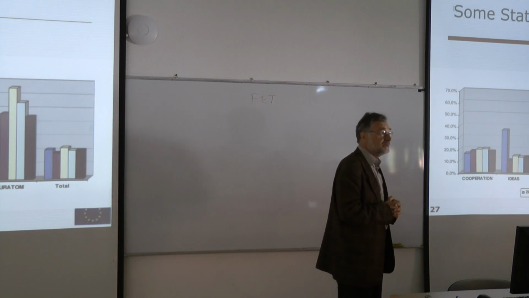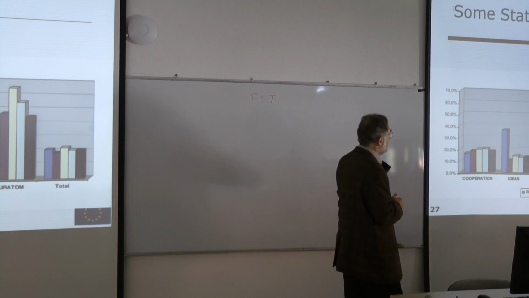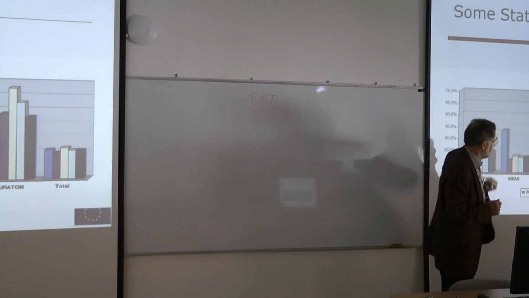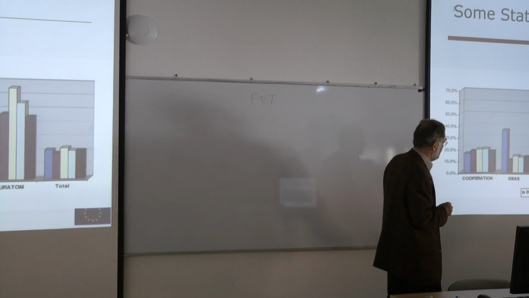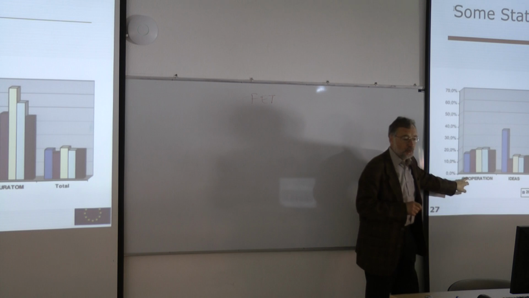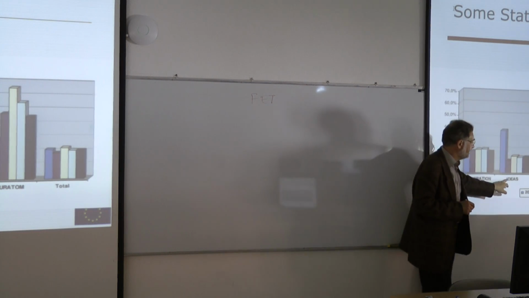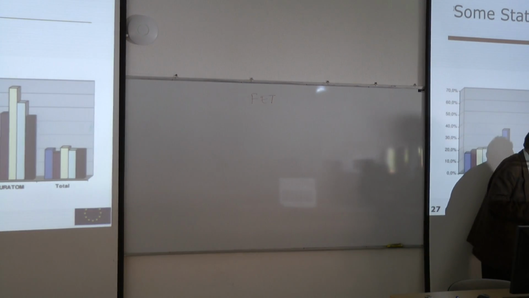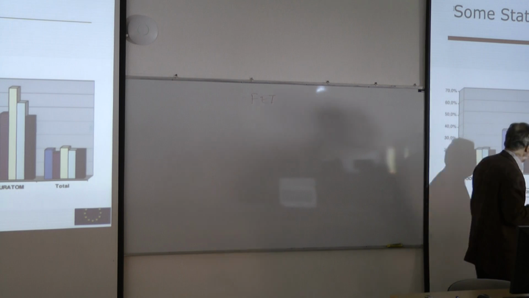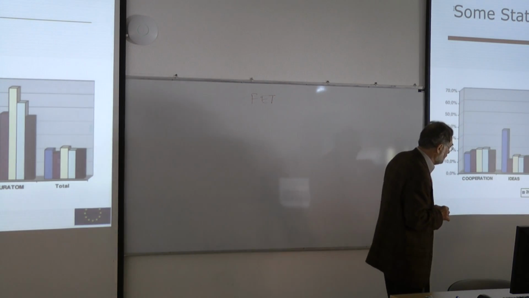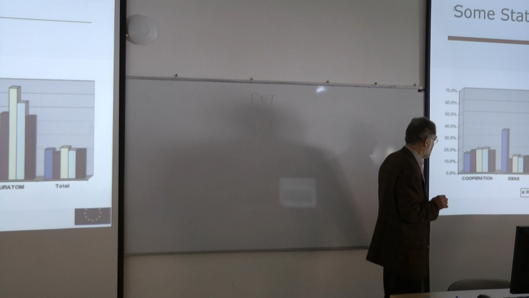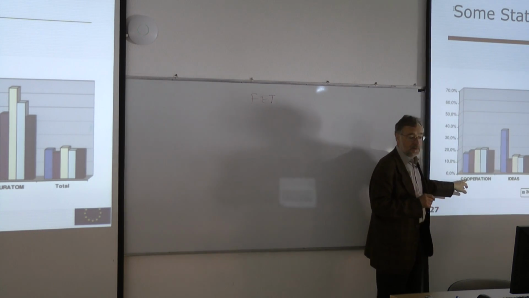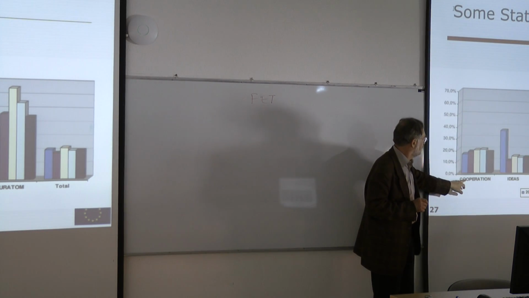How many were submitted and how many were accepted? Now, success rates of proposals, you can see this here. We have the individual parts: the whole of the cooperation program, the ideas program, people, capacities, Euratom.